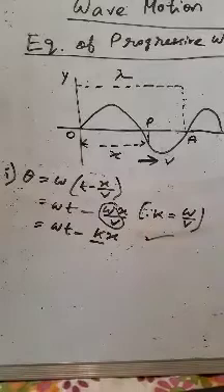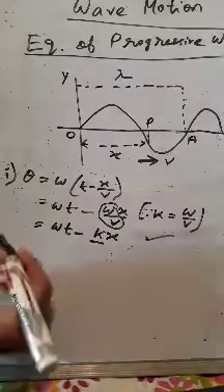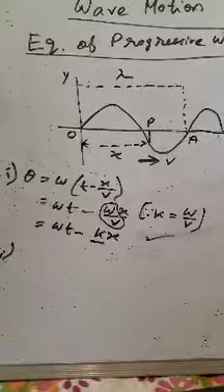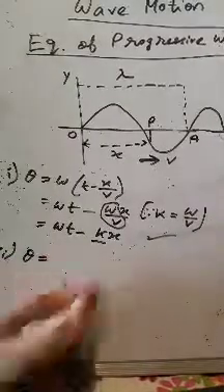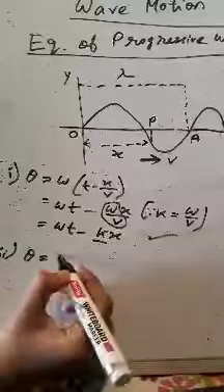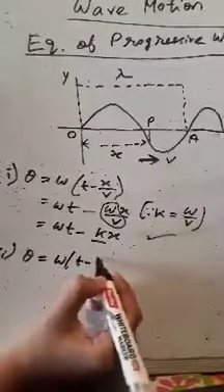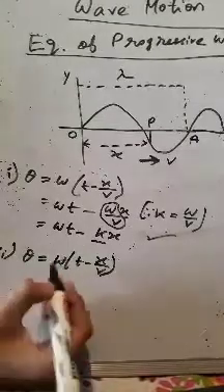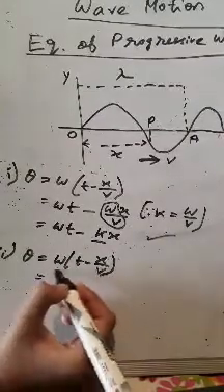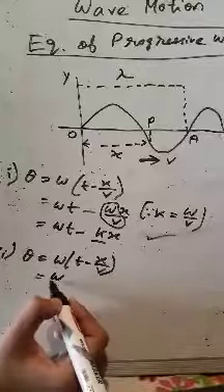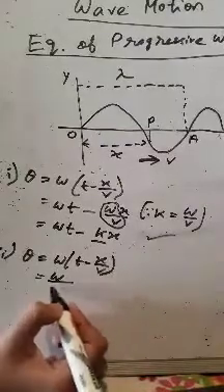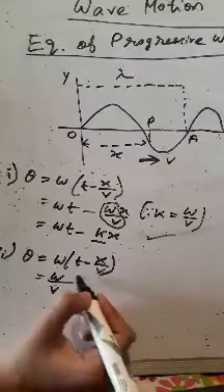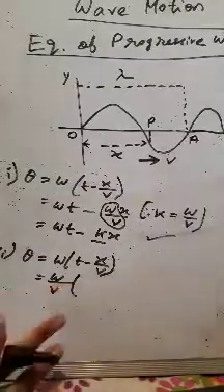Let us learn the other forms. Another form of expressing theta is omega within bracket t minus x by v. Let us put v in the denominator, which we are just doing in a mathematical way.